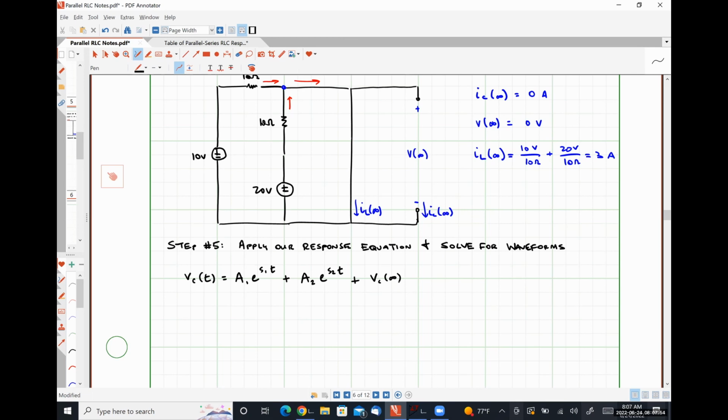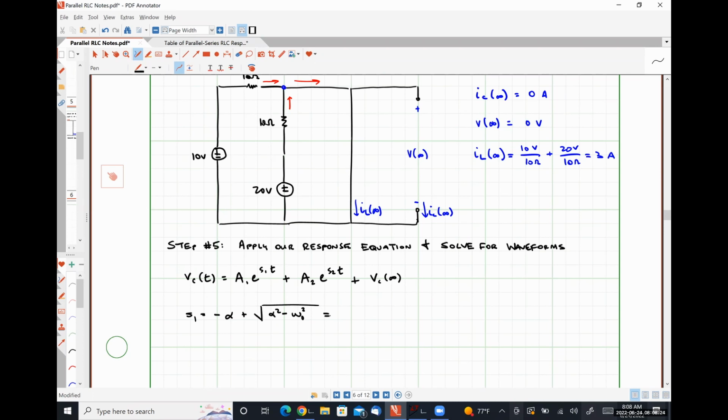In order to solve this system and determine what the coefficients A1 and A2 are, we're going to need to know what our eigenvalues or natural frequencies S1 and S2 are. For an overdamped system, recall that S1 is simply negative alpha plus the square root of alpha squared minus omega naught squared.